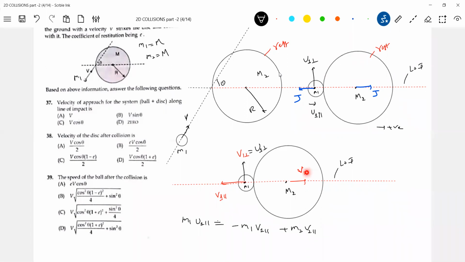Masses are equal, m1 equals m2. So this will be u1 parallel equals minus v1 parallel plus v2.